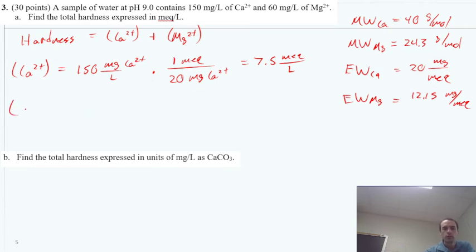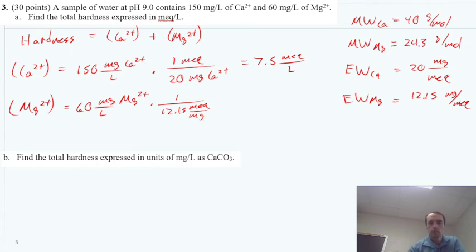Okay. Same thing with the magnesium. Here we had 60 milligrams per liter of it. I'm going to multiply that by the 1 over 12.15. Again, we can write it as milligrams per milliequivalent down here, or just move the milliequivalents up there.